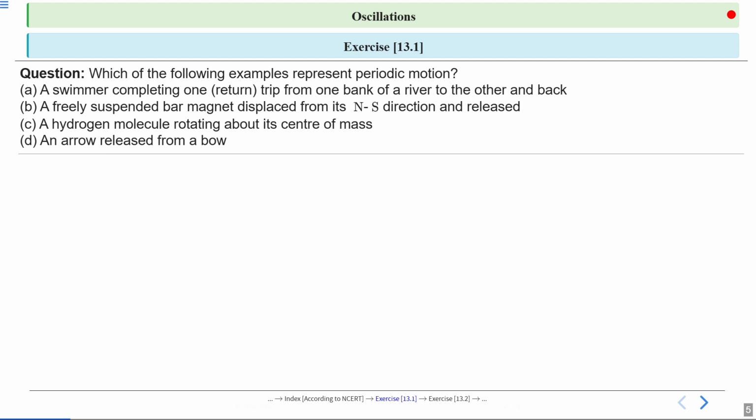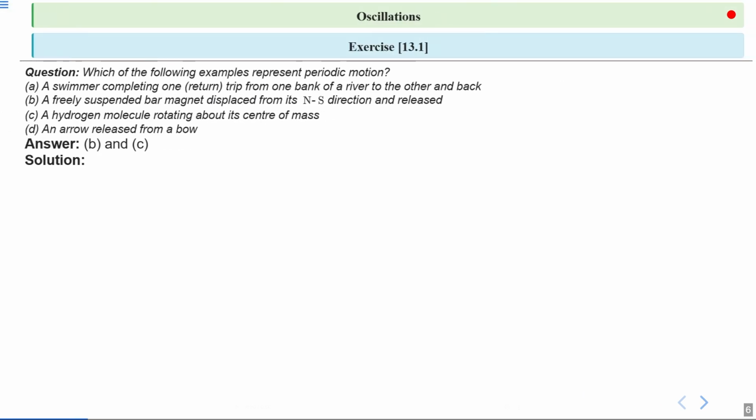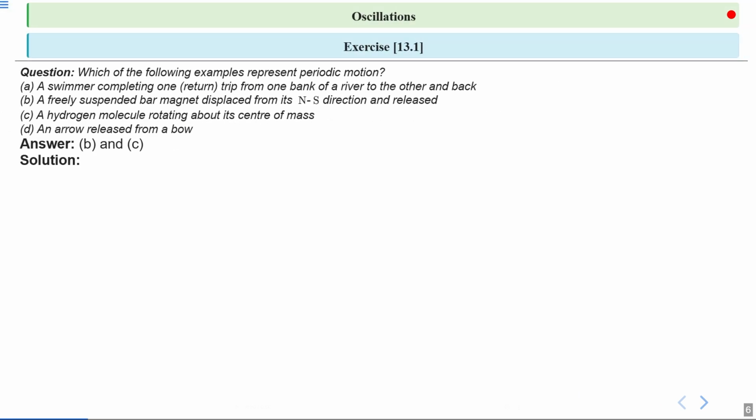B. A freely suspended bar magnet displaced from its north-south direction and released. C. A hydrogen molecule rotating about its center of mass. And D. An arrow released from a bow. Alright. B and C options are correct.